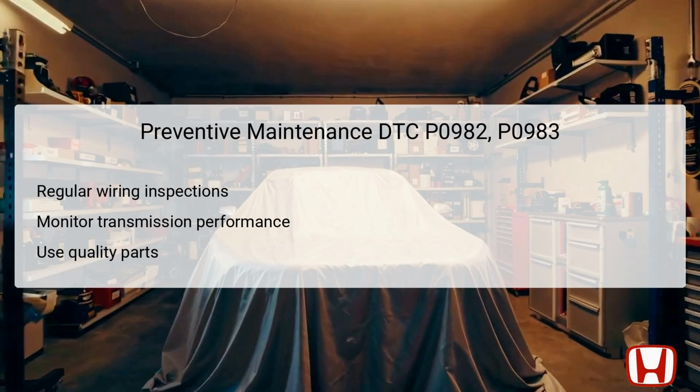Additionally, monitoring the overall performance of the transmission can help catch irregularities early, allowing for prompt action to be taken. Employing high-quality parts during replacements will also contribute to the longevity and reliability of the transmission system. Maintaining the transmission fluid at the correct levels and ensuring it is clean helps prevent shifting issues from arising.